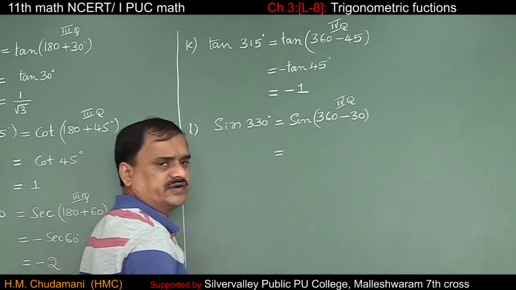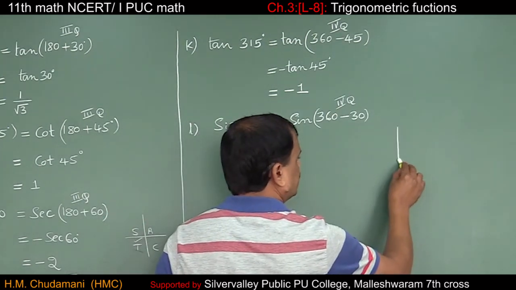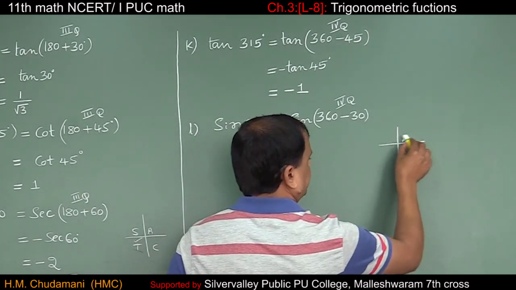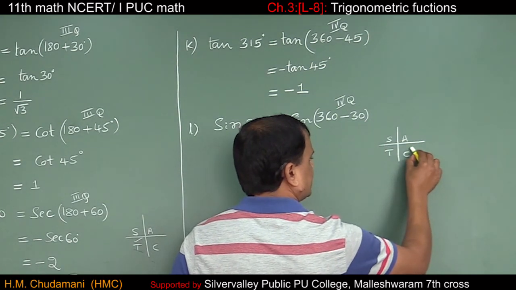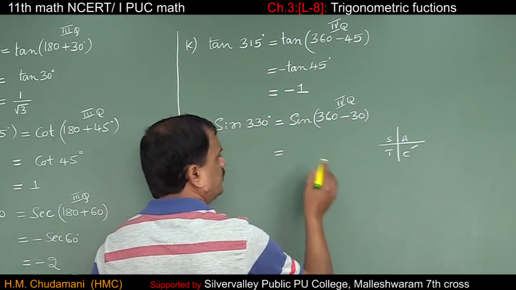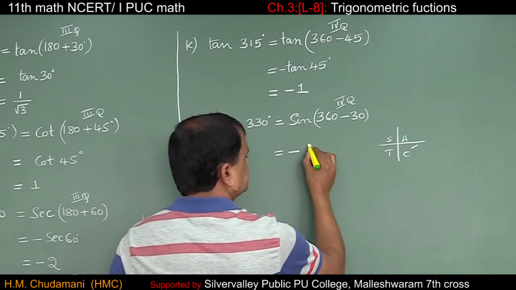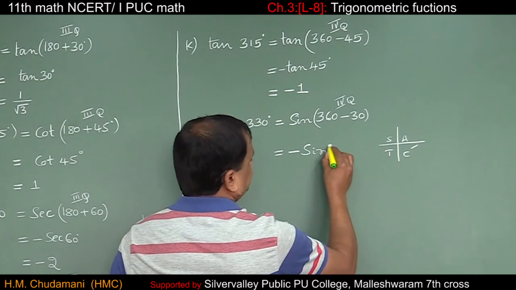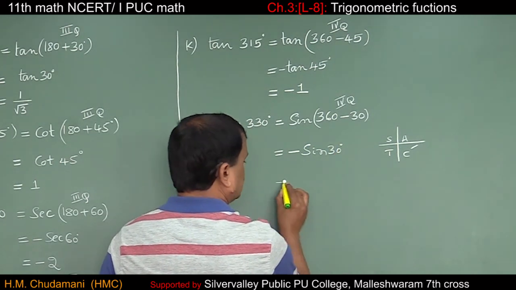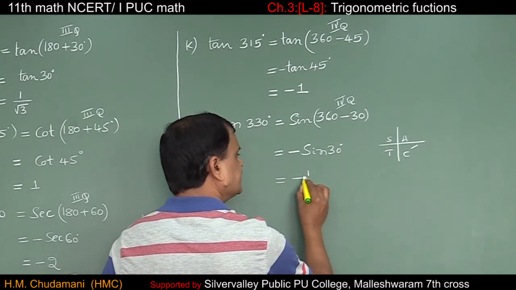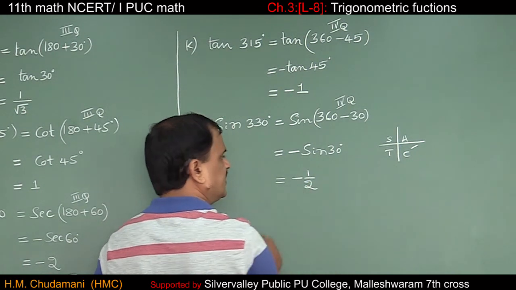In the fourth quadrant, 360 minus theta, only cos and secant are positive. Since this is a sine, it is minus sin 30 degree. We know that sin 30 degree is 1 by 2, so the answer is minus 1 by 2.